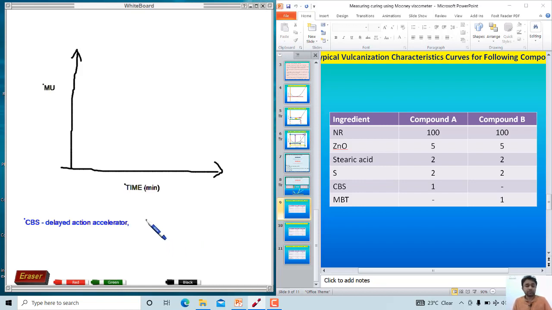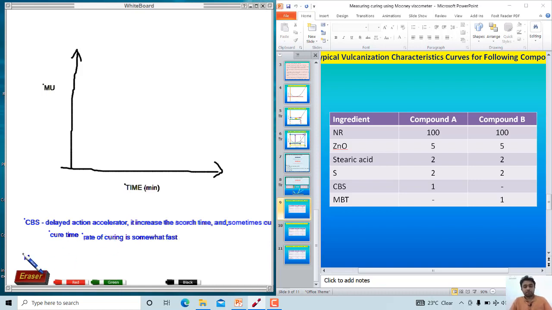It can increase the scorch time and sometimes the cure time, but the rate of curing is somewhat fast.